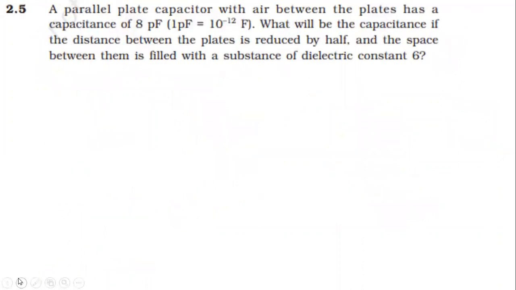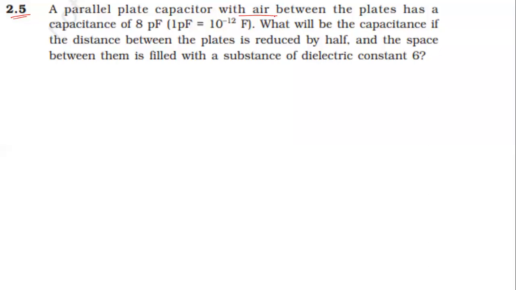Question number 5. So what is question number 5 now? Till now we have done questions based on potential and electric field. Now we move on to the capacitors topic. A parallel plate capacitor with air between the plates.